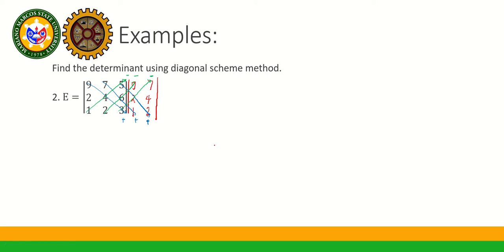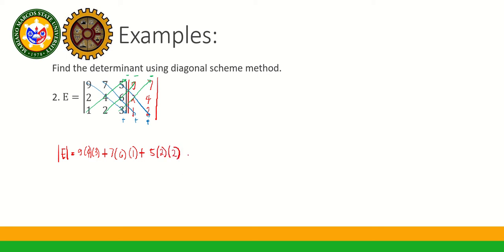So we now proceed to computation. So the determinant of matrix E is equal to, okay, unahin natin si positive. So 9 times 4 times 3 plus 7 times 6 times 1 and then plus 5, 2, and then 2.